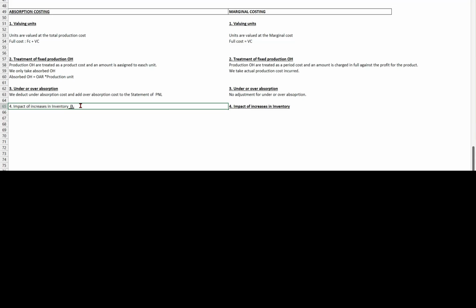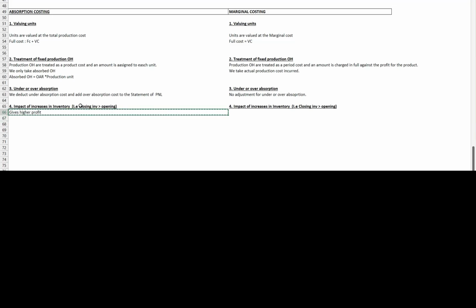So closing inventory is greater than the opening one. Right? Okay, so in case of absorption costing, if closing inventory is more than opening, it gives higher profit. Just remember this golden rule.